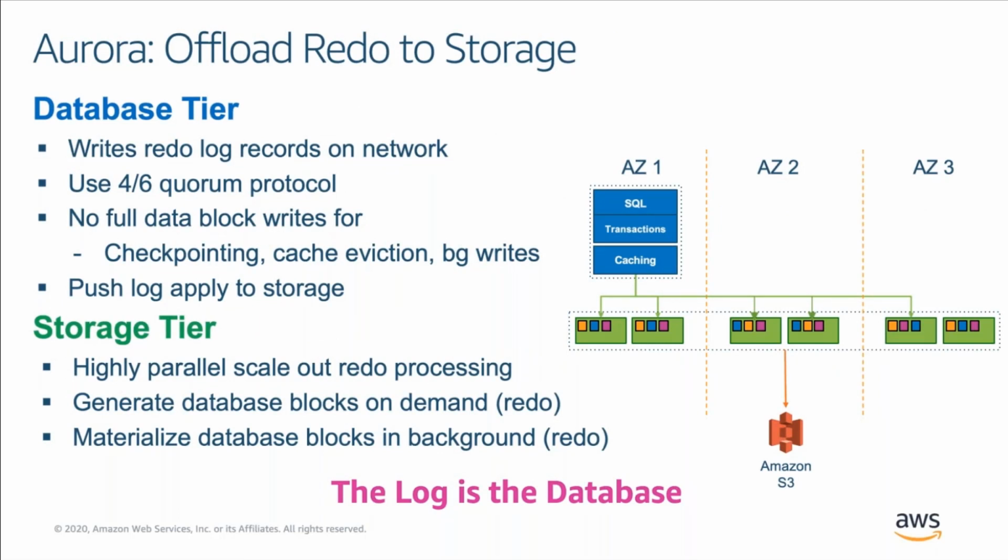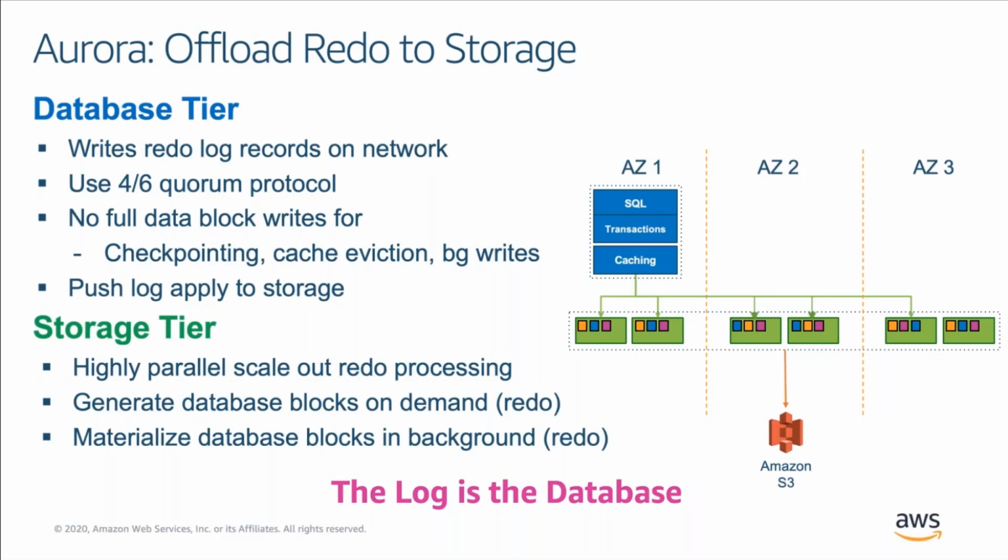The database tier in Aurora writes redo log records on the network using a 4 out of 6 quorum protocol to the different nodes in the storage tier. Apart from these redo records, which can be thought of as change vectors or deltas for changes to the data blocks, nothing else is written. There are no full data blocks written whatsoever, not for checkpointing, not for cache eviction, not for background writes.